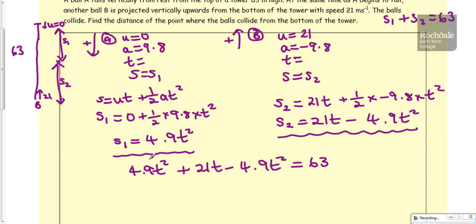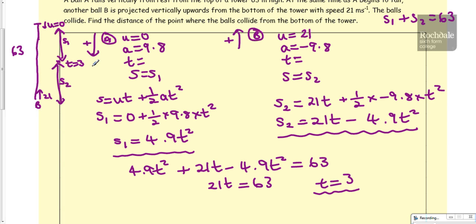Now I've noticed I've got a positive 4.9 t squared and a negative 4.9 t squared. That's because they were going in opposite directions. And so actually they'll cancel out, and all we'll be left with on the left-hand side is 21t. So 21t equals 63, cunningly chosen so it works out to be a whole number, I think, on this question. So t is 3. So in other words, this point here where the two balls collide is after 3 seconds.